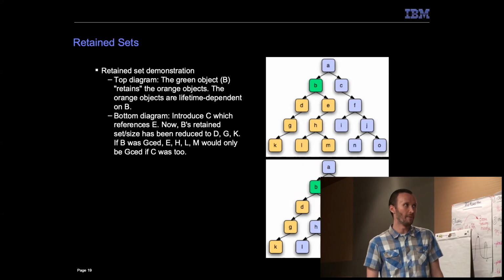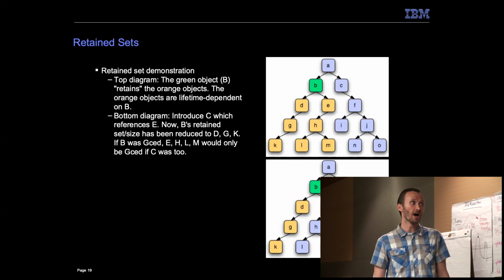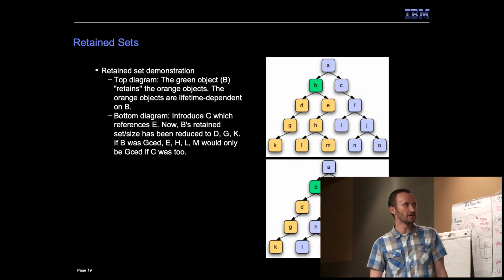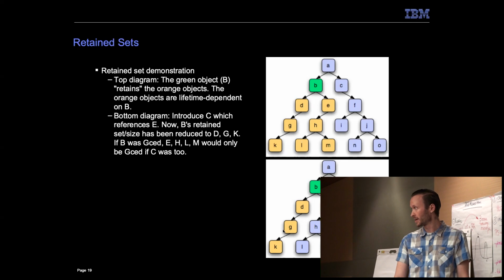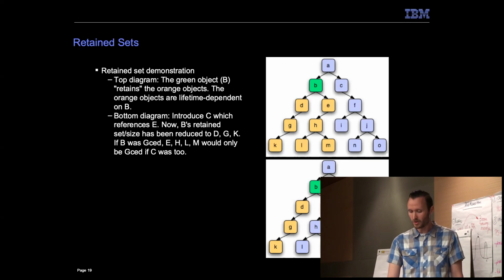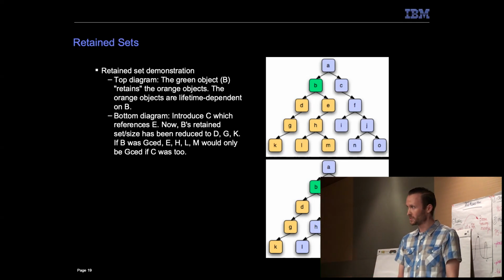A good way to imagine where this gets complicated is that you rarely have such a simple graph of objects. So here, if we add a reference from C to E, now the retained heap of B is only D, G, and K. Now, you might ask, is E within the retained heap of B or C?